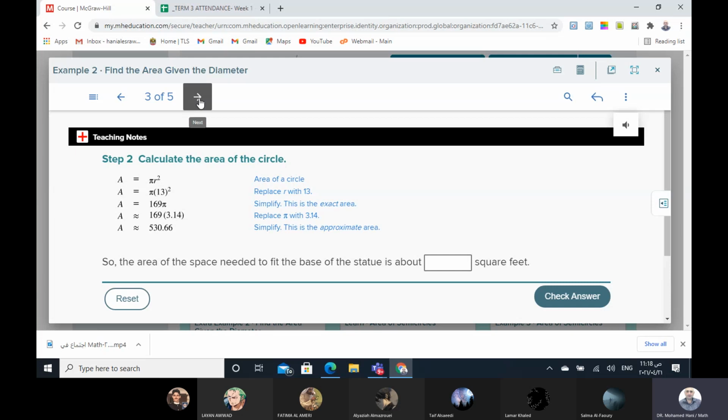Now r equals 13. So the second step, calculate the area of the circle. Write the formula: A equals pi times r squared. Then substitute the value of r: 13 squared. 13 squared means 13 times 13, which is 169. So 169 times pi, and the value of pi will be 3.14.